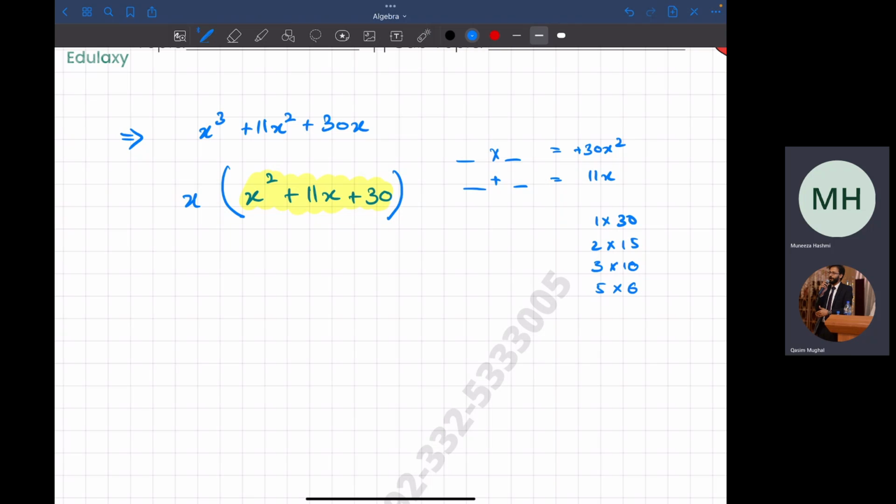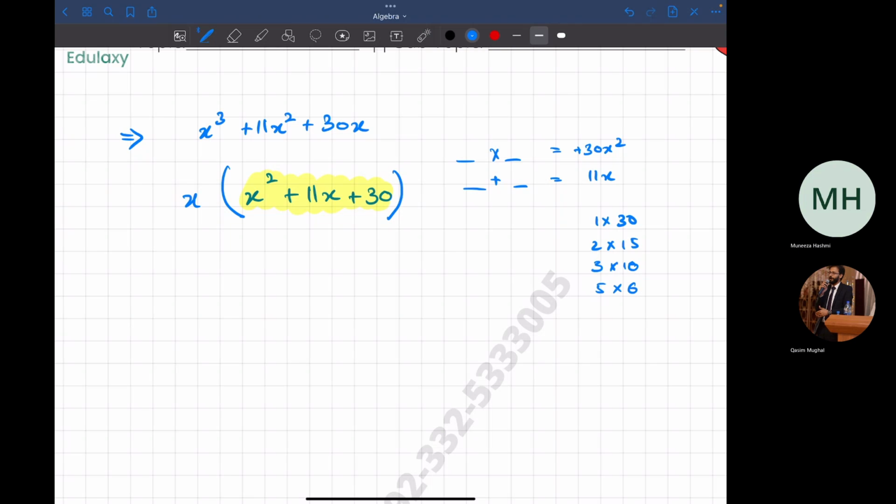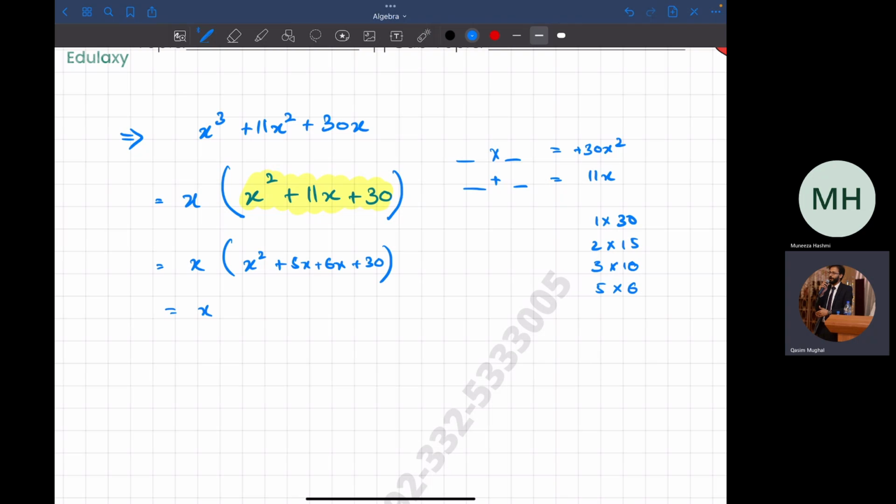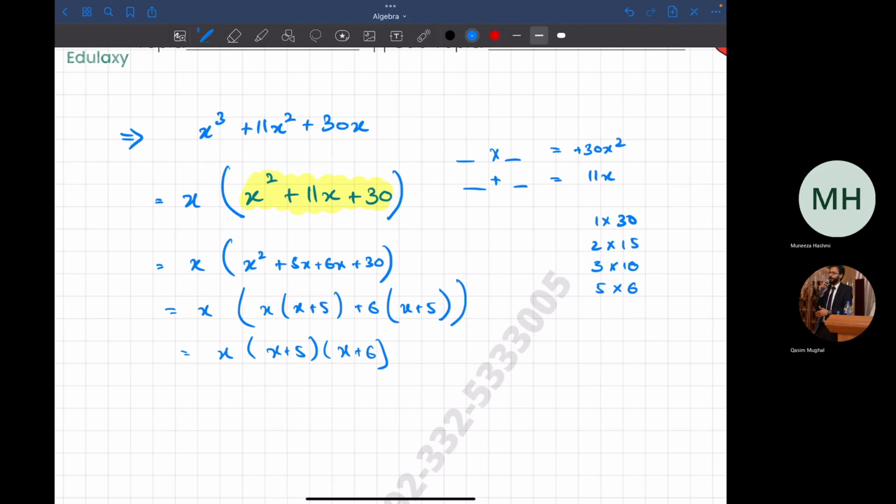That's it. Which one? 5 times 6. Nice. So it's going to be x squared plus 5x plus 6x plus 30. And that should give us x times (x plus 5) plus 6 times (x plus 5). So x times (x plus 5) times (x plus 6). Okay? Yes. Got it? Yes, sir.